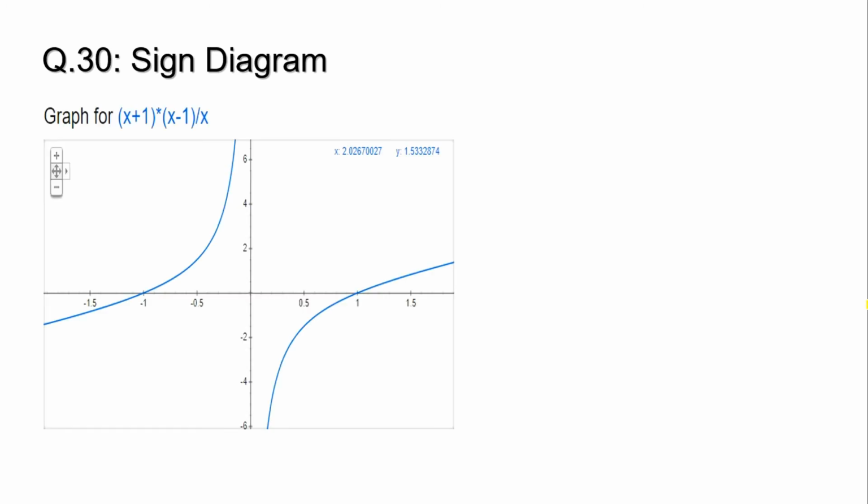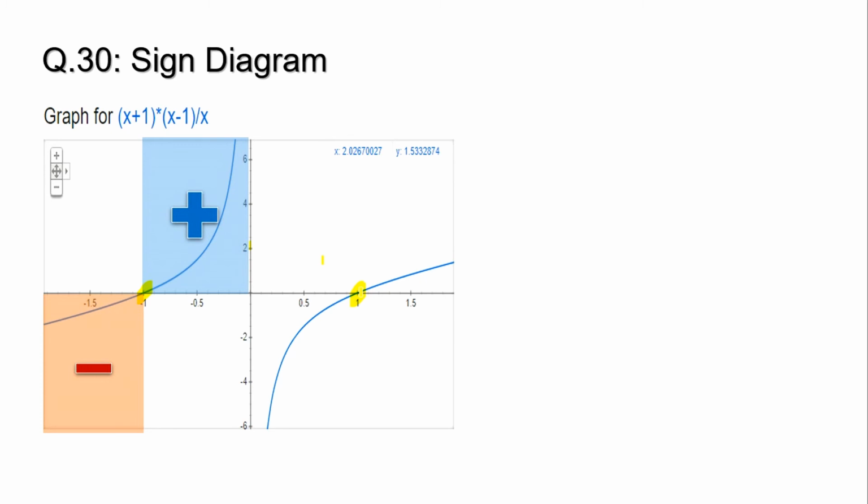Alright, this is a graph of x plus 1, x minus 1 over x. As you can see, when x equals negative 1 and x equals 1, y will be equal to 0. Next, when x is smaller than negative 1, y values will be negative. When x is in between negative 1 and 0, then y is positive.